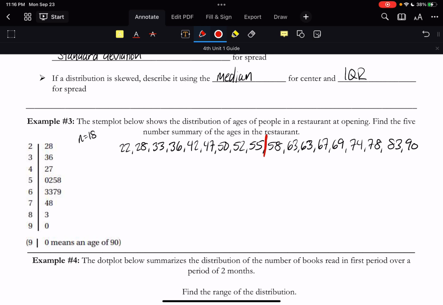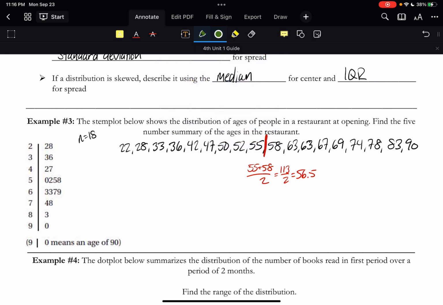Since I have an even number, the median is going to be the average of the middle two. So this is going to be 55 plus 58 divided by 2, and that gets me a median of 56.5.